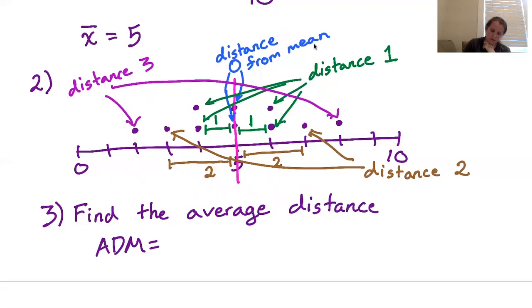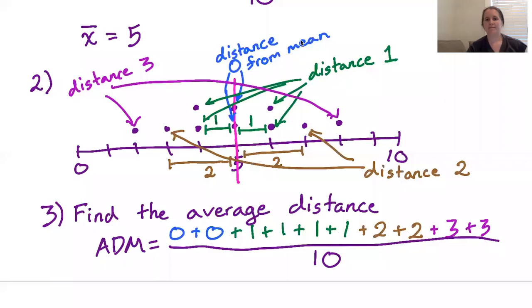Okay, I went back through and just color coded. So we had our 2 distance 0, our 4 distance 1, 2 distance 2, and 2 distance 3.